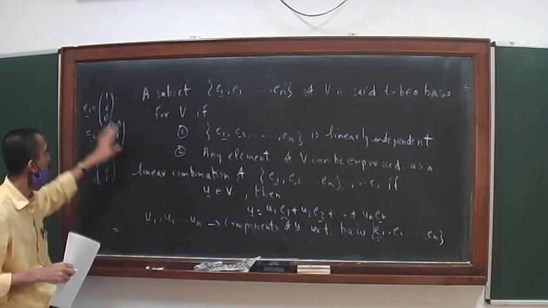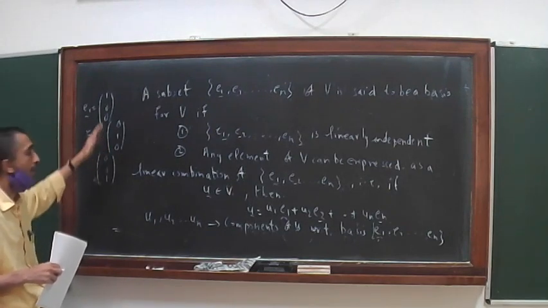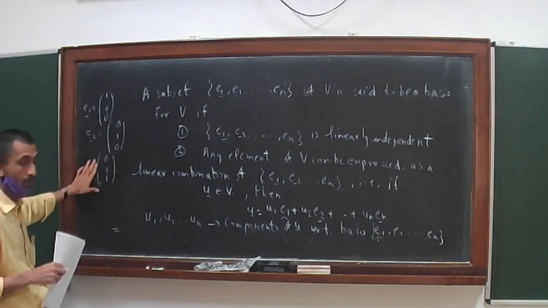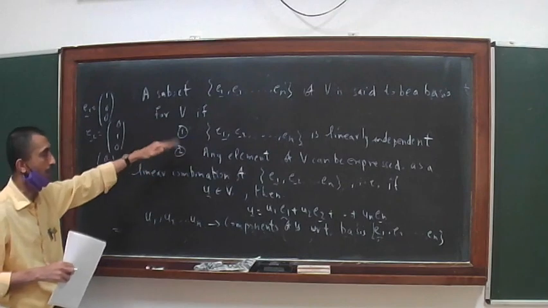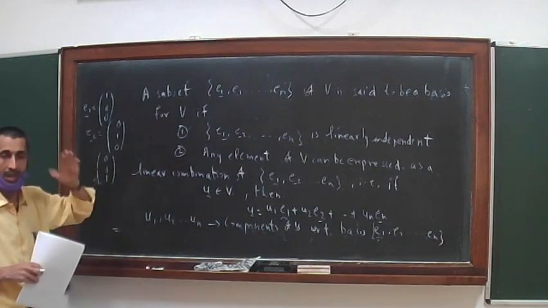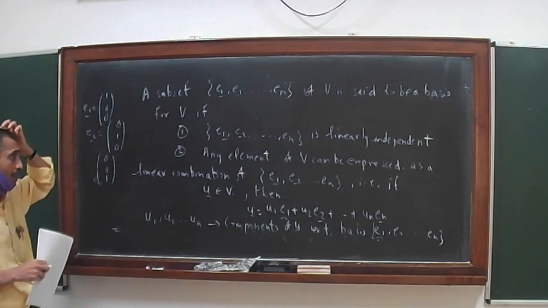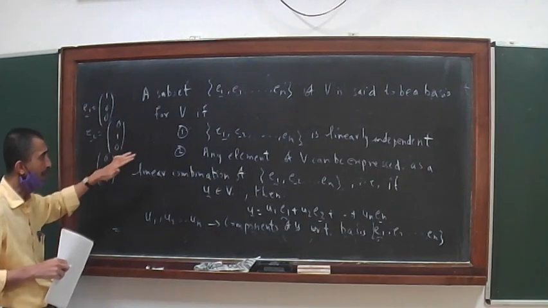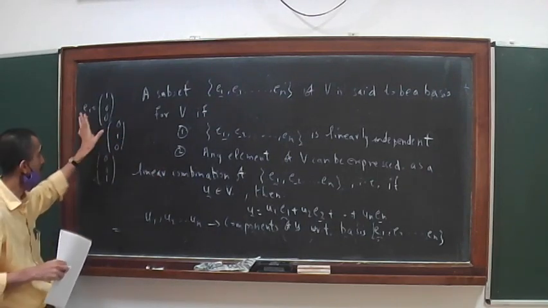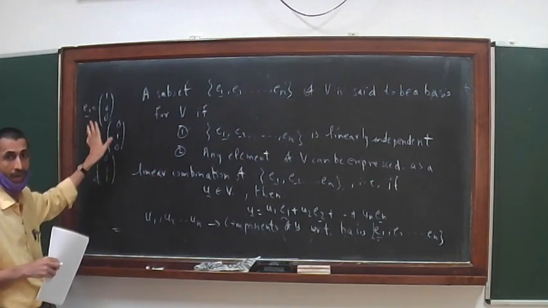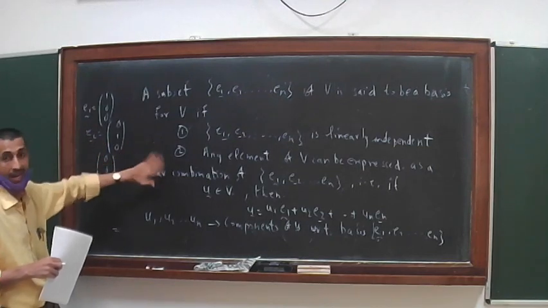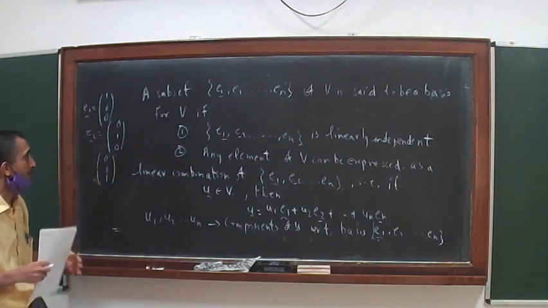Now if you append E3 also to that, then of course the whole thing is a basis. As I said, whenever there is a confusion about any of these issues, you should just take simple examples like this, and that will clarify some of these concepts.